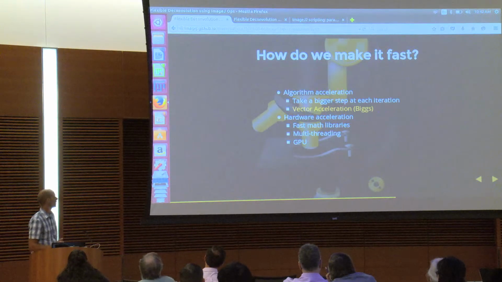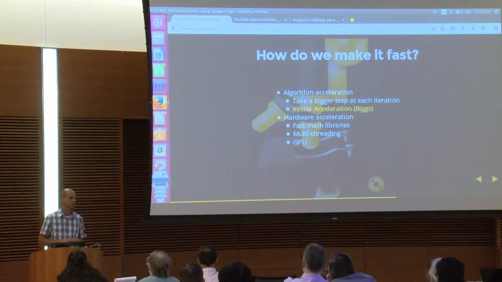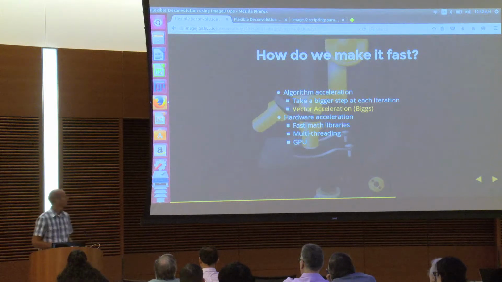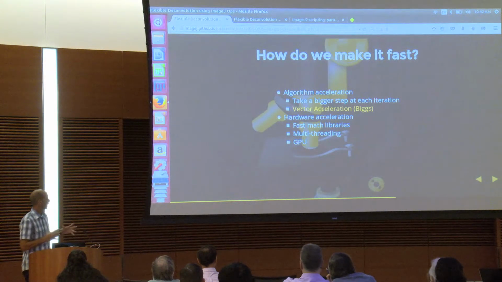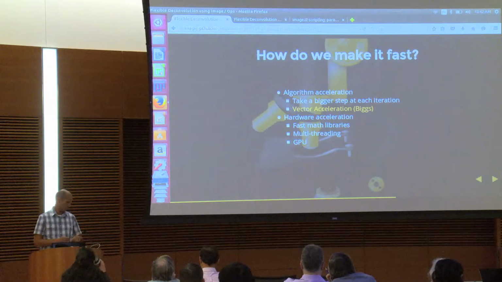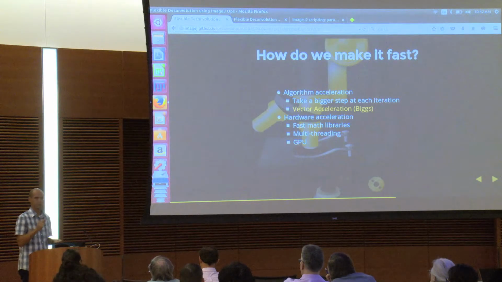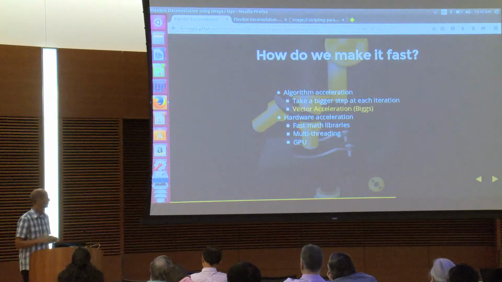Then another really important aspect is speed, because even some of the good commercial software takes a really long time to run. There are a couple of ways we can make it faster. We can do what's called algorithm acceleration, which means we modify the equation. We have this iterative optimization problem, so we take bigger steps at each stage, hoping to solve the problem in fewer steps.